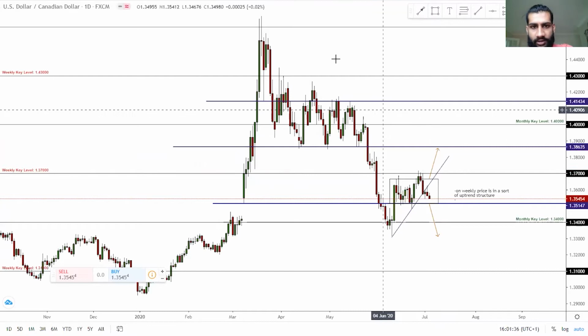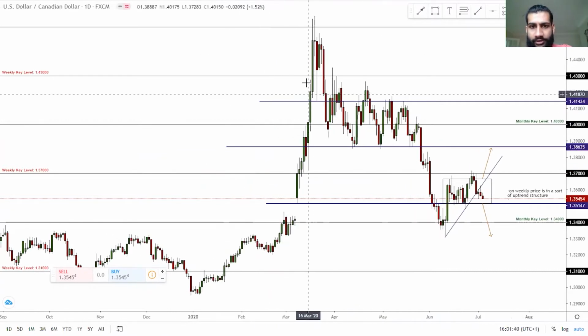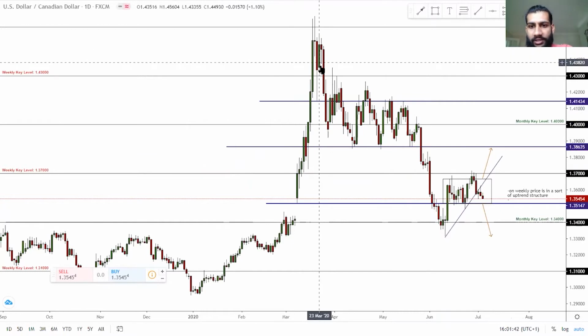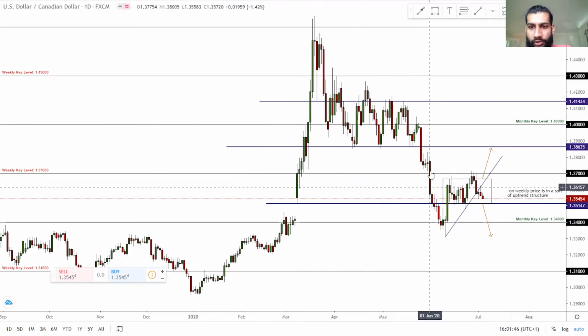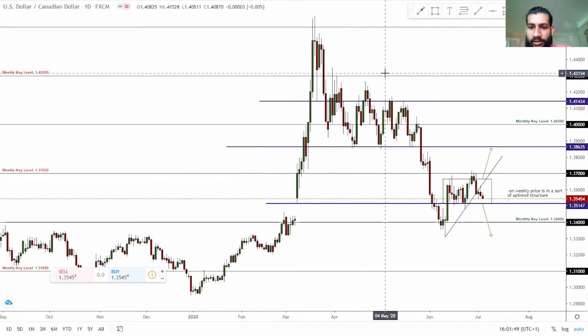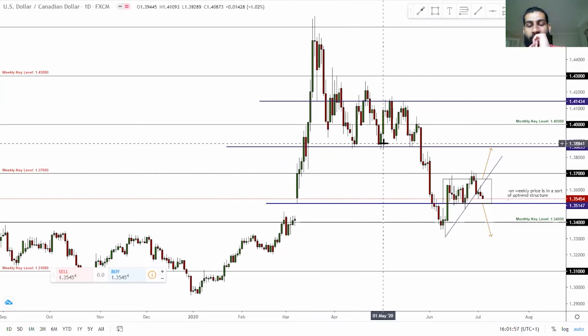USD CAD, interesting. So we know this has been in an uptrend as well, especially on the weekly. On the daily, it's clearer to see the retracement it's been making, right, before potentially pushing up further. Even though that's happening, it's similar to the Aussie dollar, US dollar, where within its retracement, it starts to make a downtrend, right?